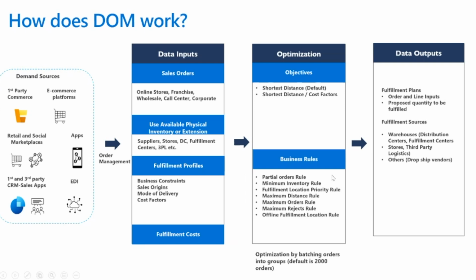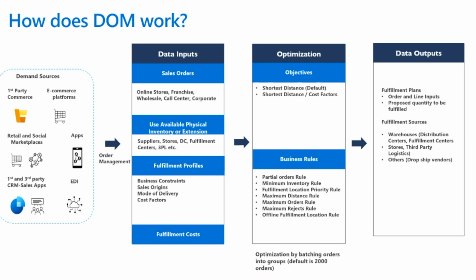Out of the 7 rules, the first rule is the partial order rule. So the business context is, let's say you're getting an order from a customer who is placing the order through e-commerce, and the customer is asking for 10 different items. Okay. But the business might not have all those 10 items on hand at a given point of time.